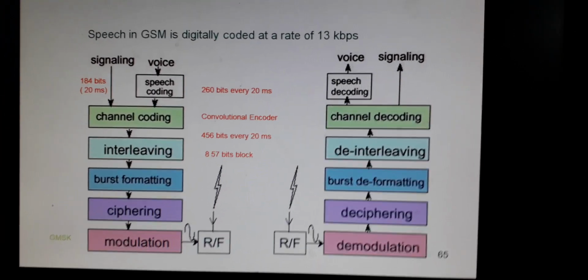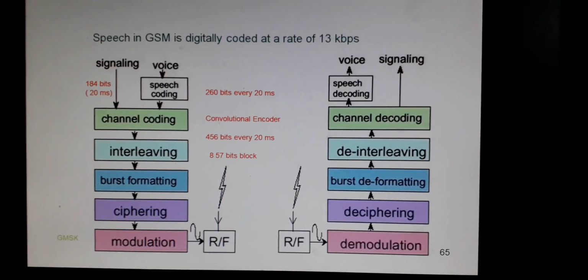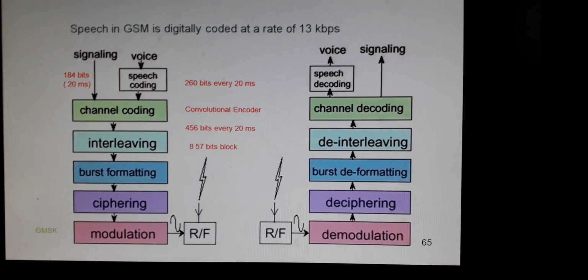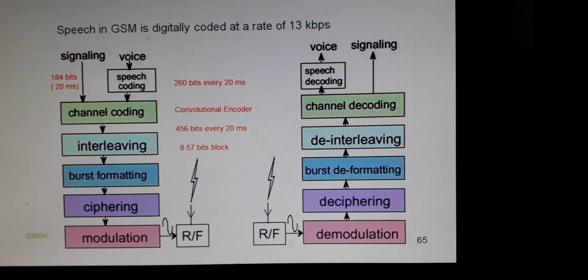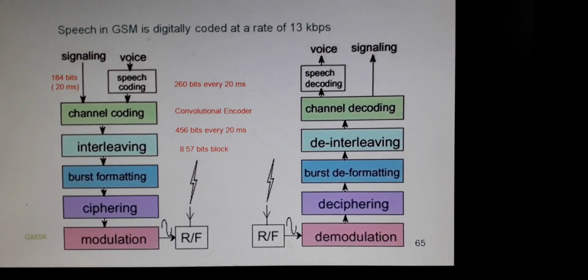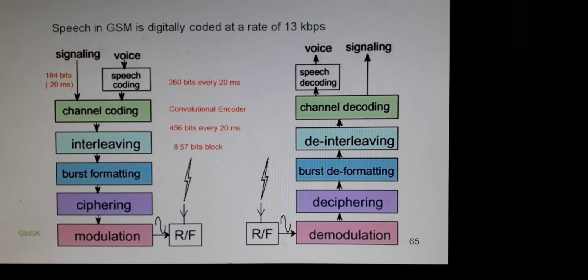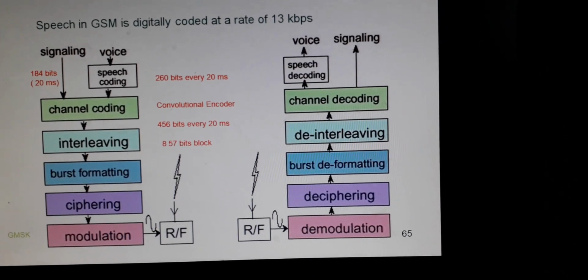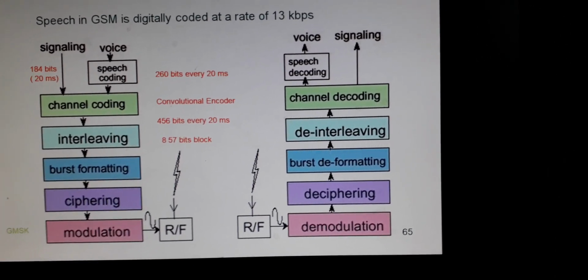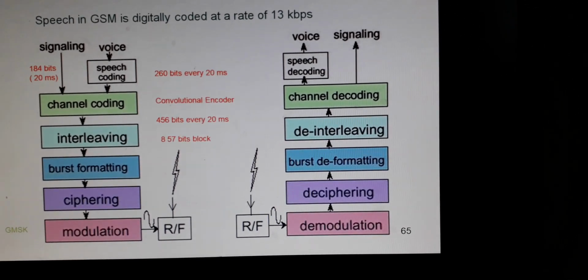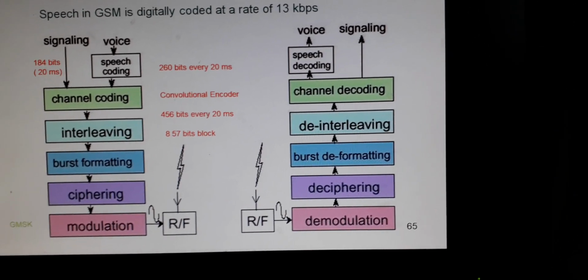As I said, interleaving means removal of erroneous bits from the number of bits. Then burst formation is grouping of bits, and we already know there are 5 bursts. When we want to transfer the burst, the normal burst is selected. Ciphering, modulation.